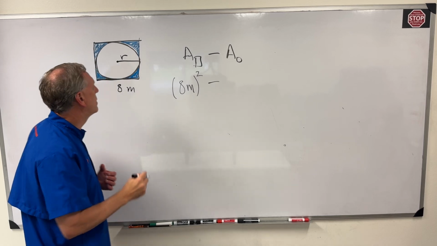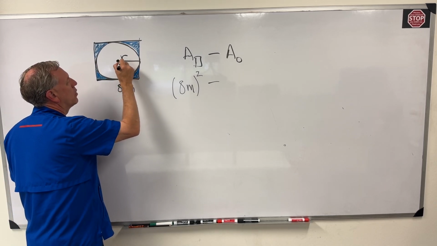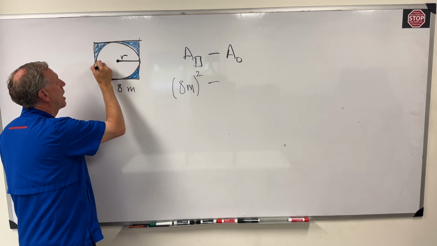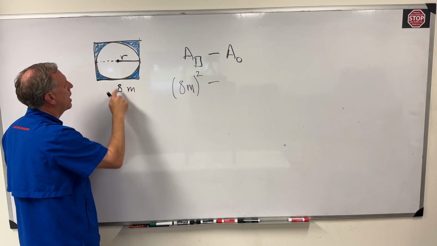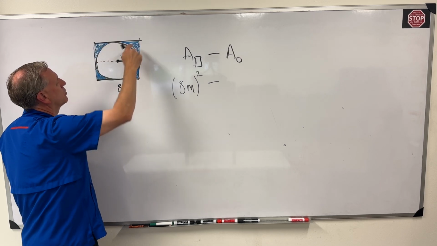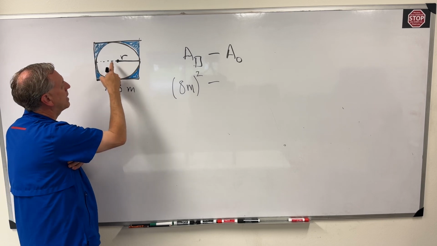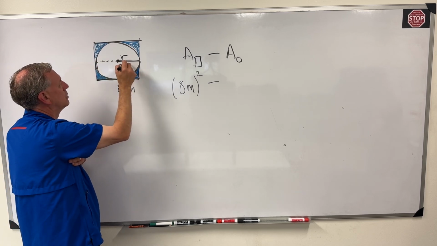but the radius is half the distance from the middle of the circle to the side, so half the distance of this entire thing, right? This whole thing. And if it's a square, 8 meters here, 8 meters there, that means it's also 8 meters there. That's known as the diameter of the circle all the way across.